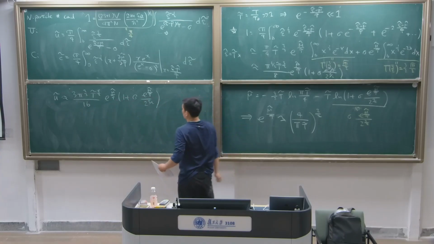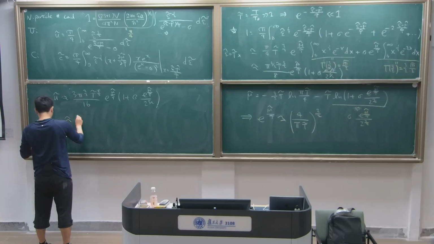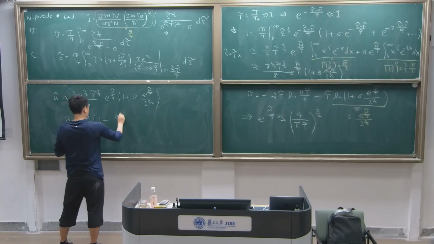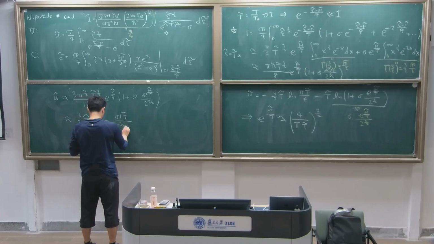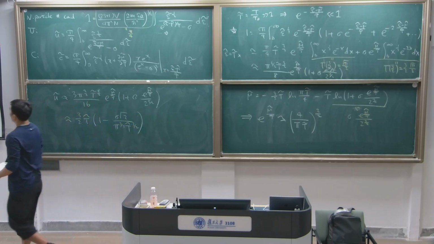We plug this relation back into here, and then you will get the sum over 2t tilde, 1 minus sigma square root 2 and the pi. Okay, so that's it.